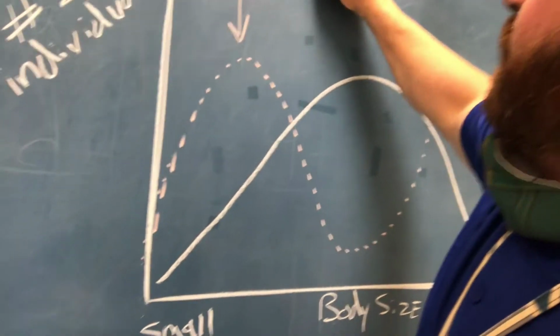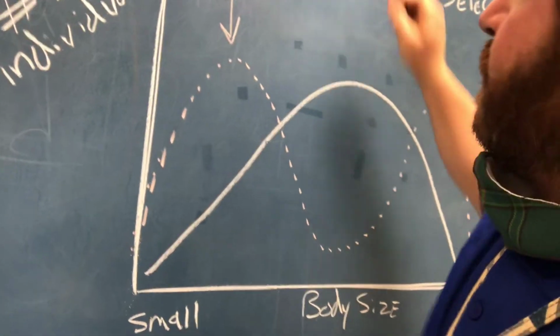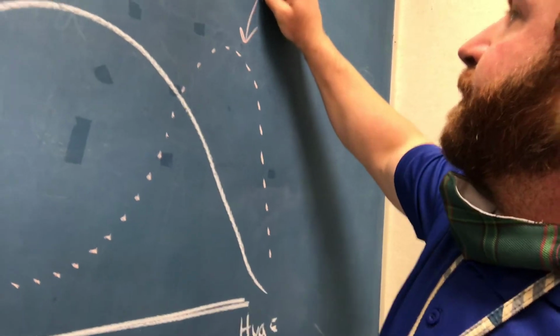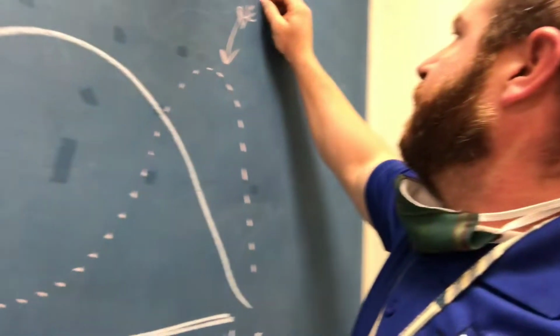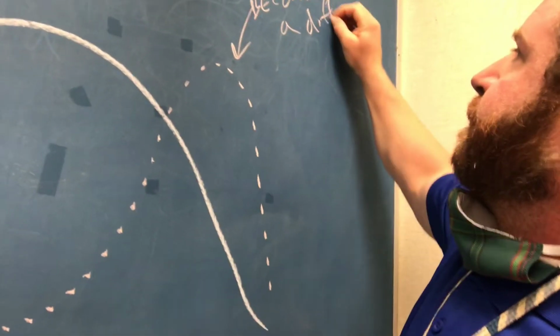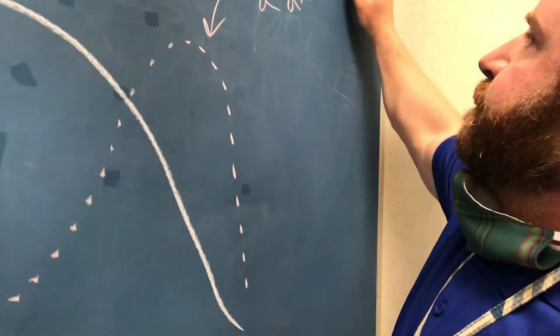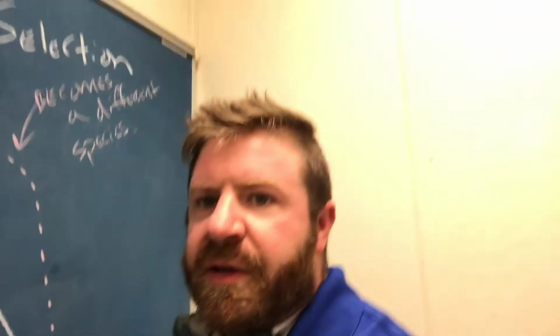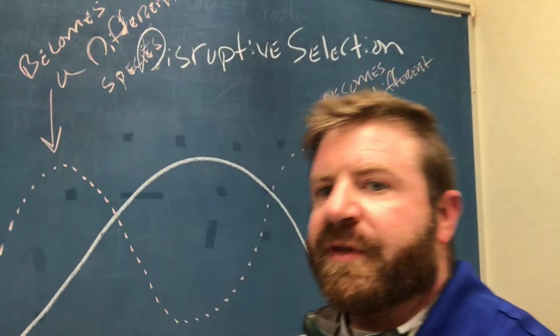This becomes a different species. And this becomes a different species. This process is called disruptive selection.